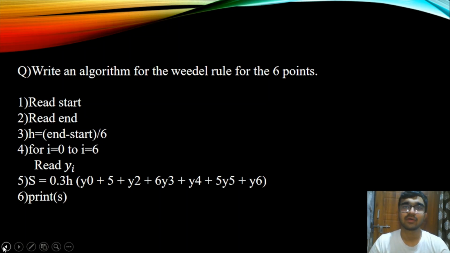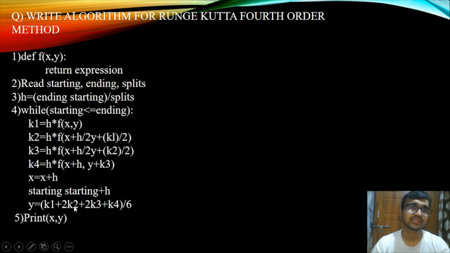Now let's move forward to our next question, that is, write an algorithm for the Runge-Kutta fourth order method. So it is quite simple. As we know, first we will define our function, then we will read our starting, ending and splits point, then we will calculate the value of h by ending minus starting upon splits.